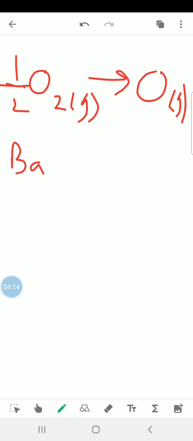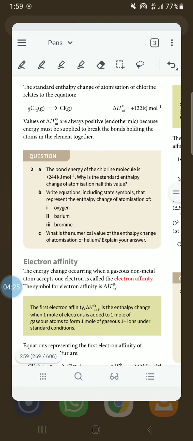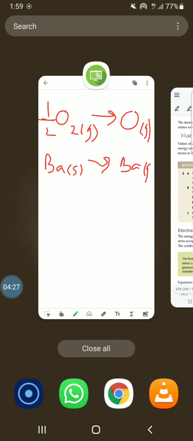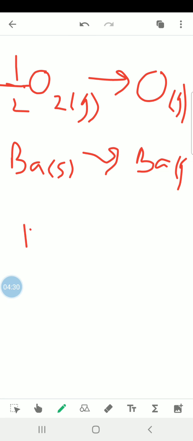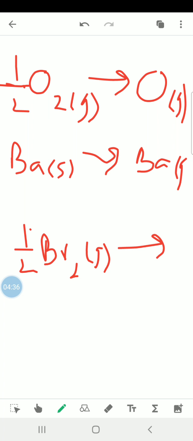Barium is a solid. It has to turn into barium gas. Simple. Then bromine, once again a diatomic molecule. Half Br2 gas turning into Br gas. I hope that made sense.